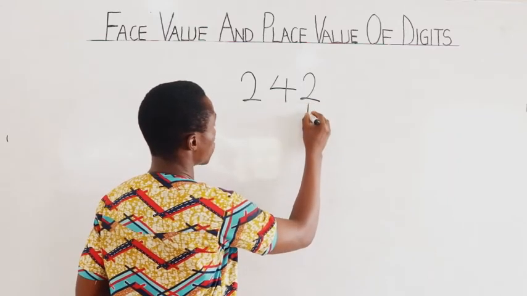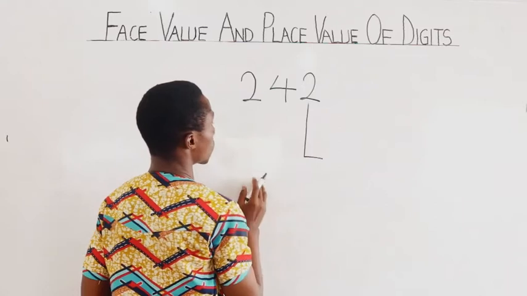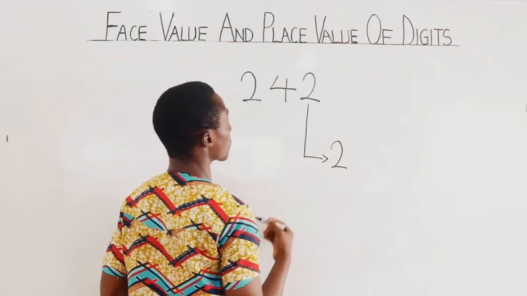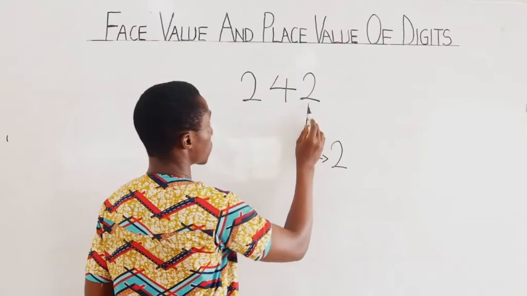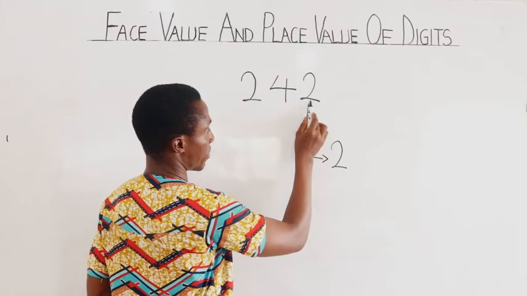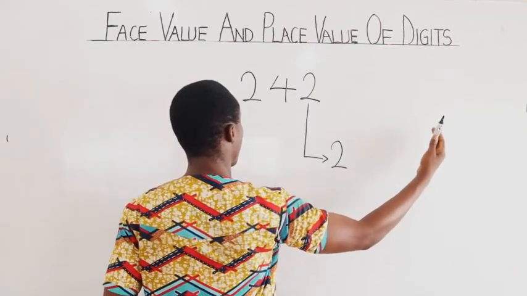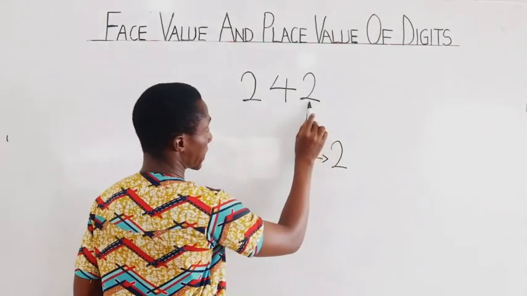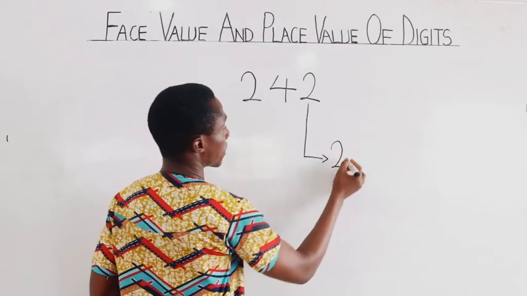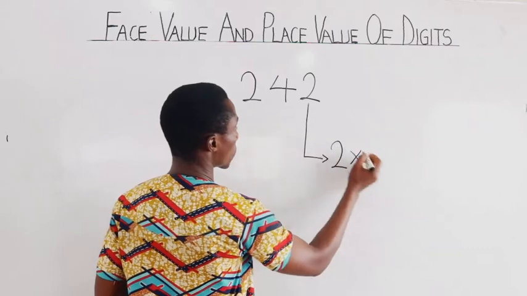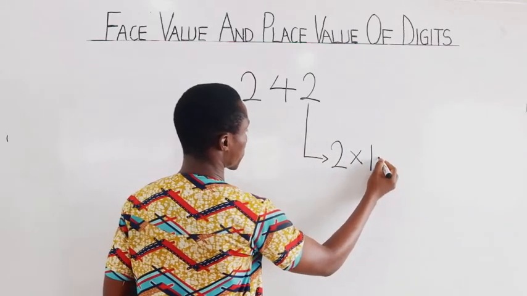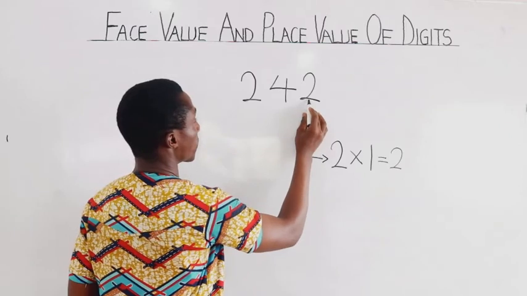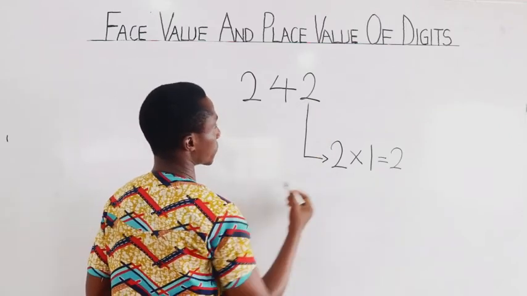So the place value for this 2 is going to be the face value, which is 2 multiplied by the value of its number place. And counting the number place from the right hand side, this 2 is in the ones number place. And therefore, we have the face value 2 multiplied by the number place, which is 1, and that will give us 2. And therefore, the place value of this 2 is 2.